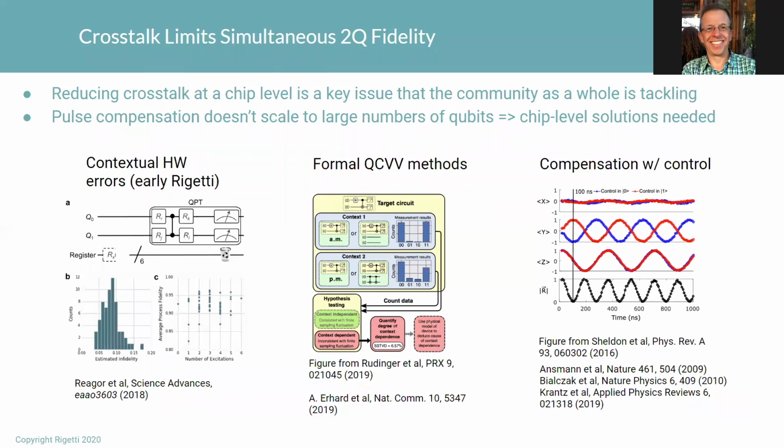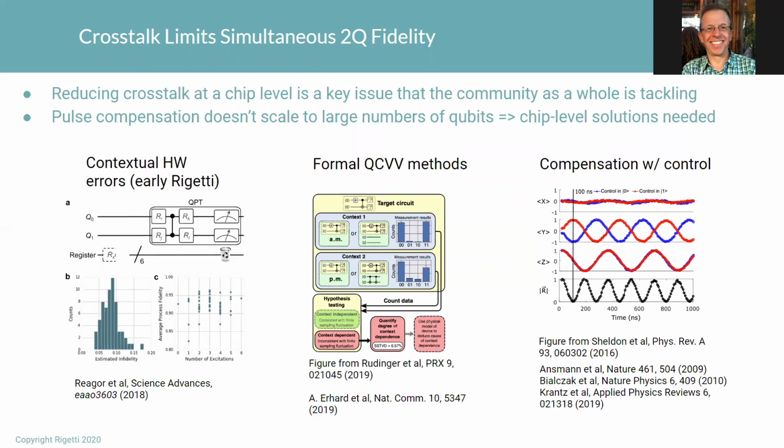And reducing that crosstalk is a subset of reducing contextual errors in general. Those contextual errors impact both the 2Q fidelity, but also, looking further down the line, our ability to do error correction. So multiple different approaches exist.